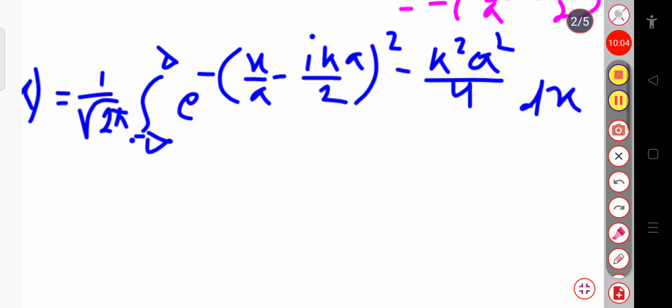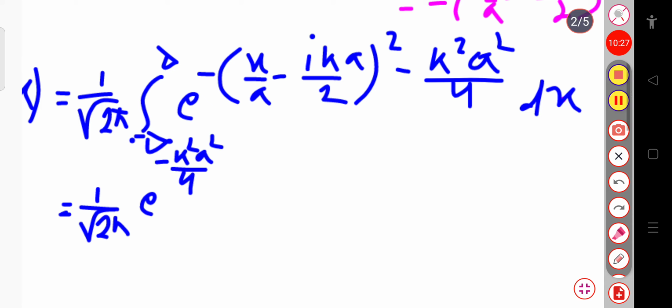Now let me write the integration again. So this will be equal to 1 by root over 2 pi times integration over minus infinity to plus infinity. Sorry, let me take the exponential term here. Exponential minus k square a square divided by 4.